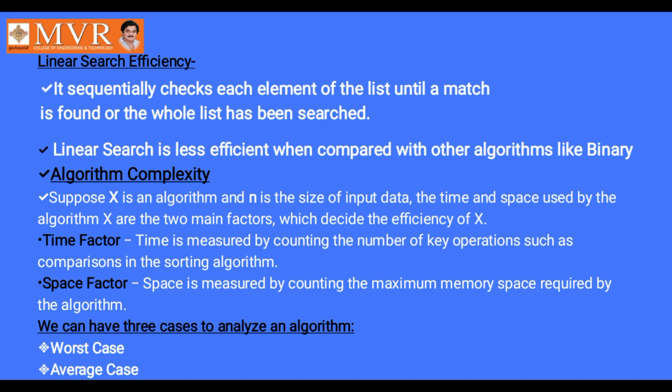What is time complexity? The time taken to perform all the operations from the first step to the ending step is known as time complexity. That is, the overall time the algorithm or program takes to execute.